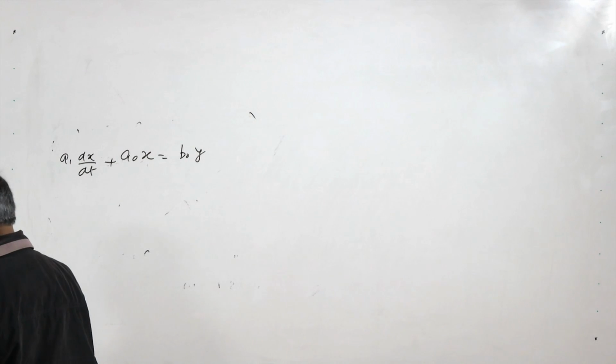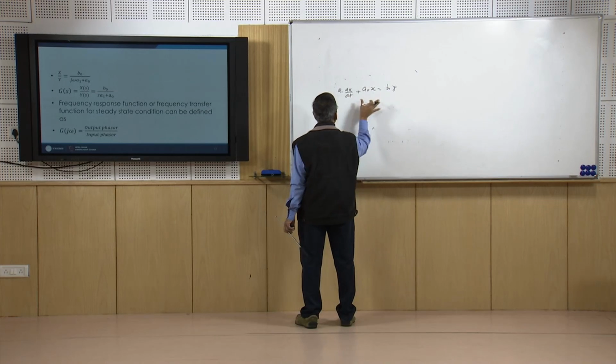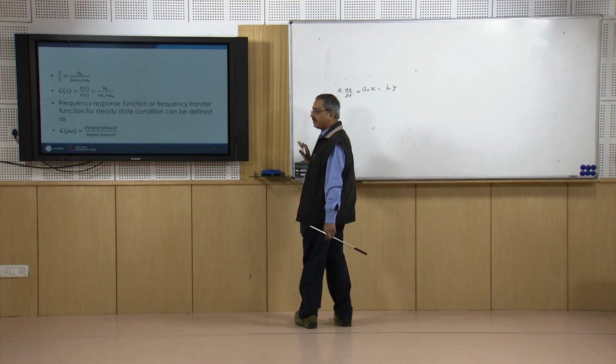When we found out the transfer function for this, we took the Laplace transform of both sides, and we took the initial conditions as 0.